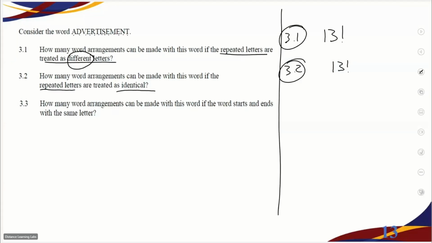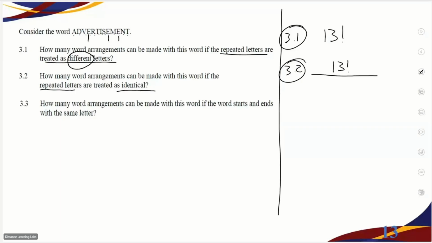Which letter appears more than once here? E appears 1, 2, 3. Meaning in the word advertisement we have 3 E's, so we divide by 3 factorial.